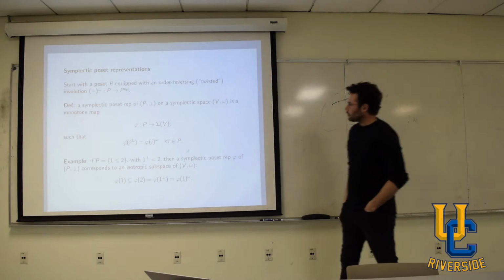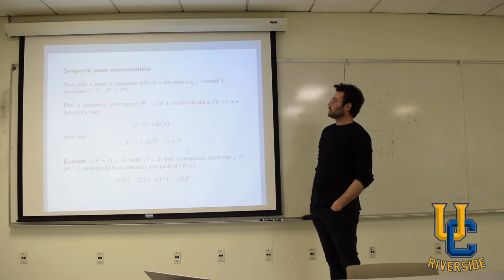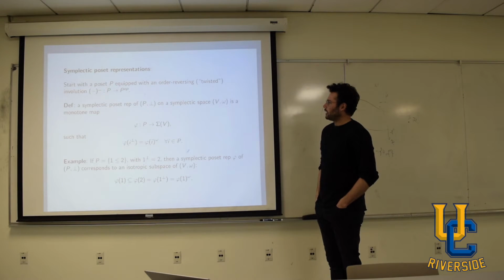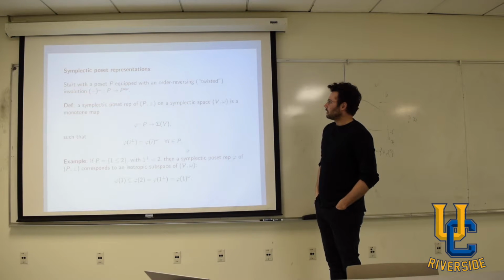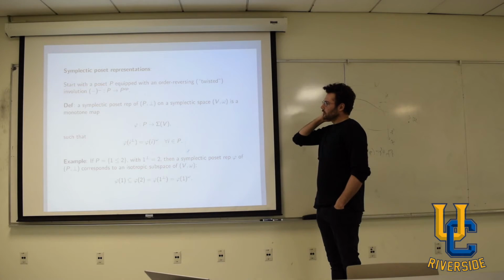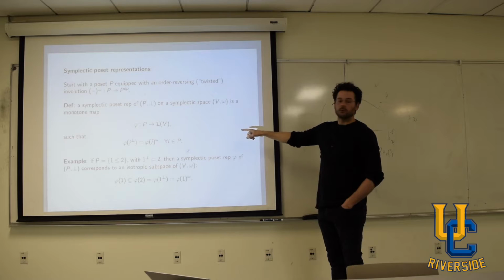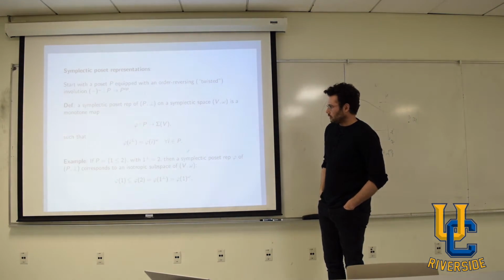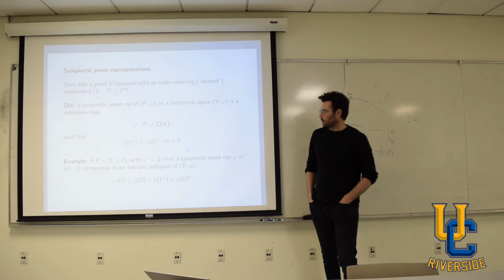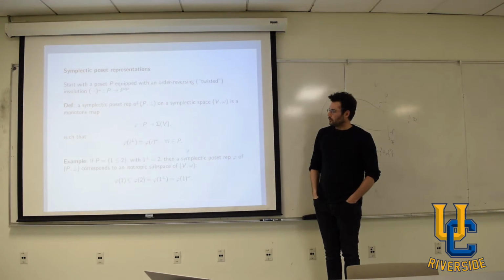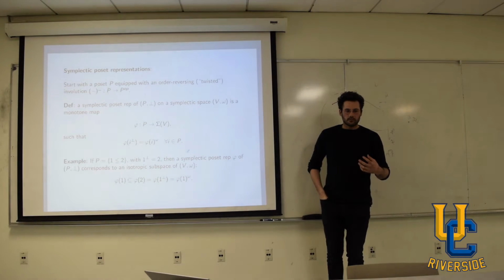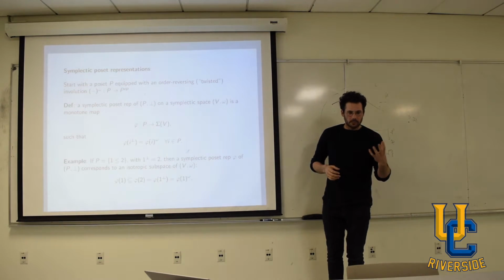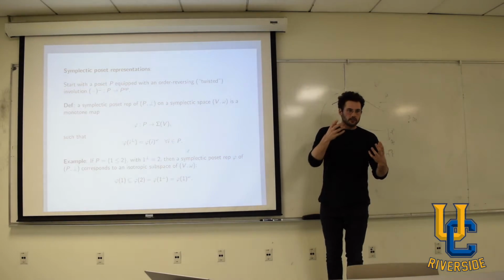So we start with a poset with an order reversing involution, and we say a symplectic poset representation is then a symplectic vector space together with a monotone map, which is additionally compatible with the involutions. So a simple example, how to encode an isotropic subspace. We take a poset with 2 elements, and these 2 elements will correspond respectively to the subspace that's supposed to be isotropic, and then its orthogonal.